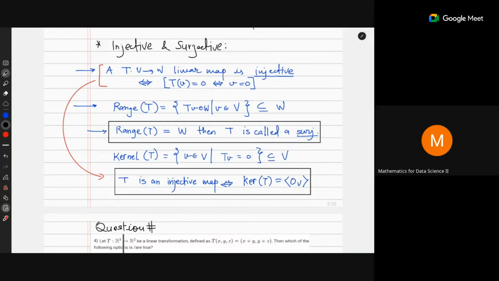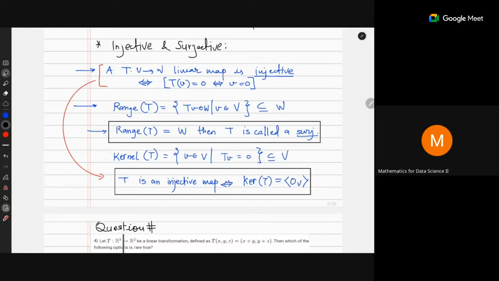It can be, let's say, some polynomial space, that is also a vector space. A 2 cross 2 matrix space also forms a vector space. So each vector space has an additive identity, which we denote by 0v. But in practicality, we write it like this. This is the shorthand notation for that.